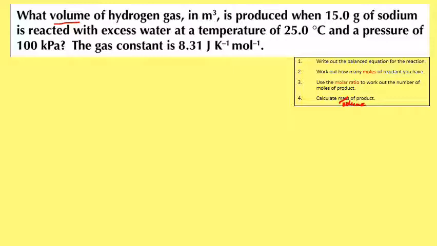Okay, so first of all, we still need to write down the balanced equation. And we've got hydrogen being produced when sodium reacts with excess water. So let's start off with our sodium.